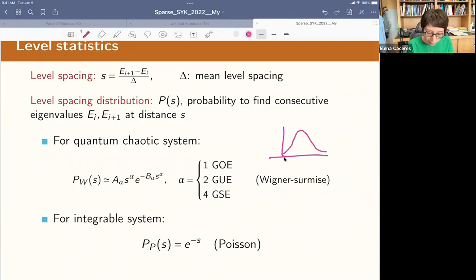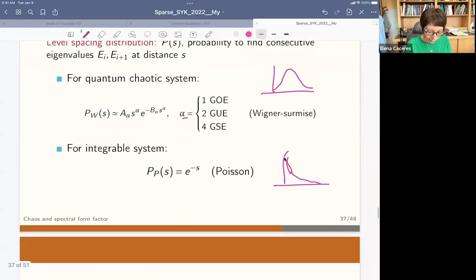Where these exponents and these coefficients depend on what type of matrix ensemble you are considering: Gaussian orthogonal, Gaussian unitary, or Gaussian symplectic. These are all well known. And if it's an integrable system, it would just follow a standard Poisson distribution, something like this. Cool. So that's the level statistics.